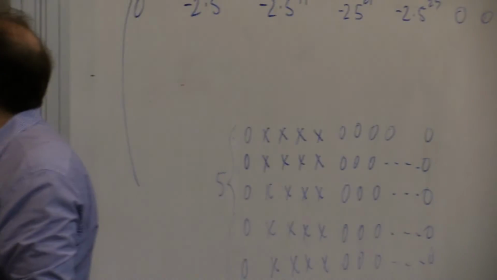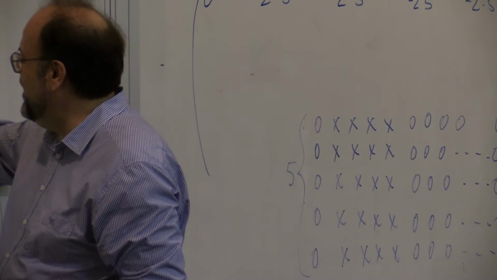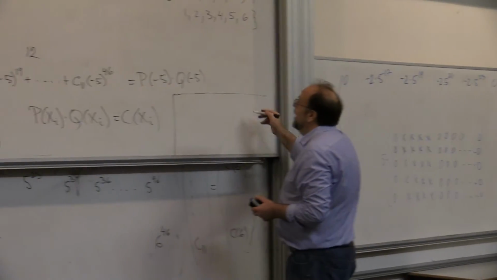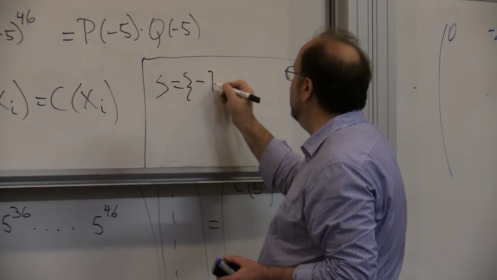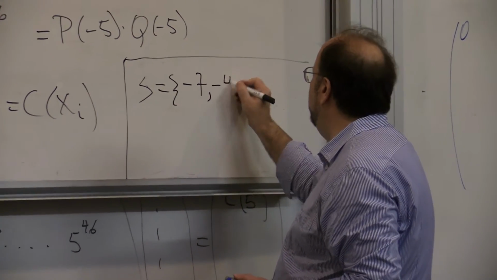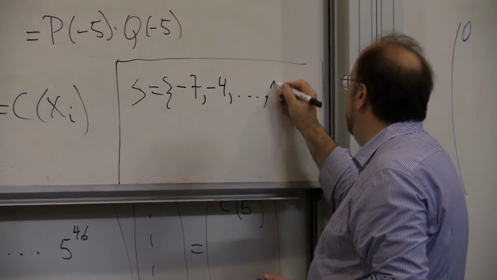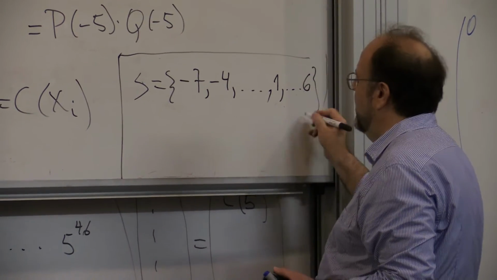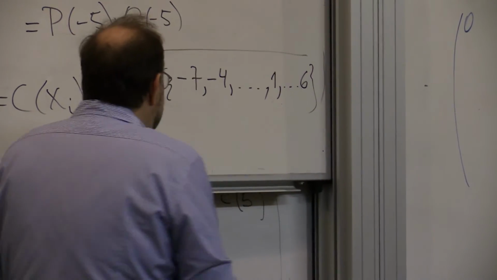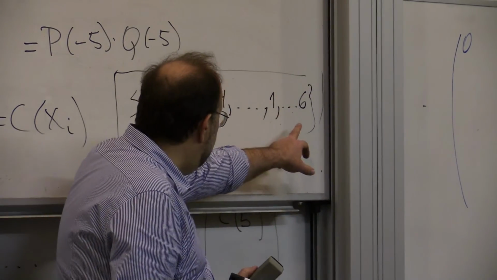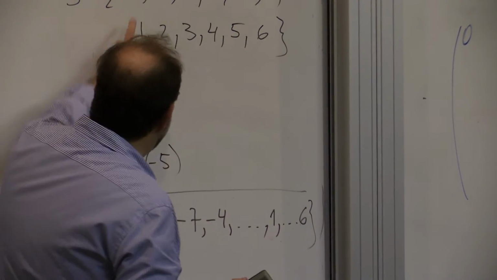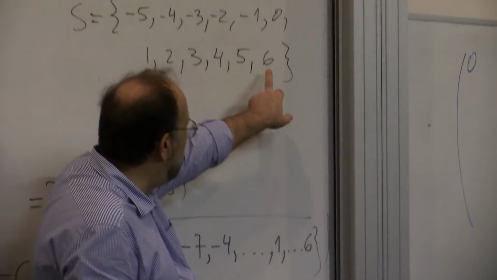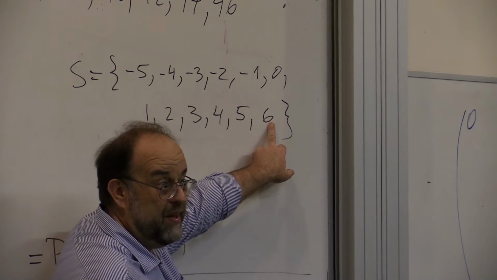And lo and behold, if you want, you can experiment with Mathematica. If you take for S, say -7, and then -4, up to 1, up to 6, then you will have only 4 pairs. You see, so this 7 has to be larger. Taking -6 here will not work because it will pair with this one here.